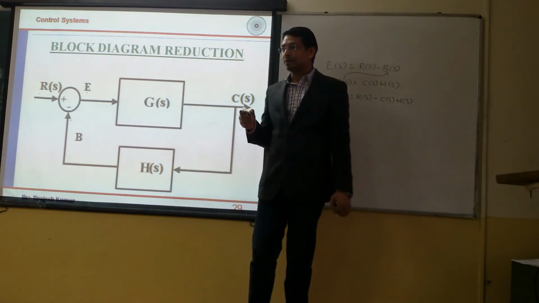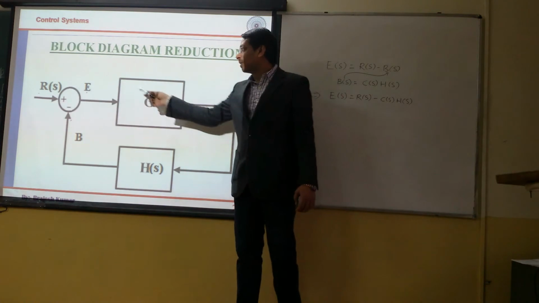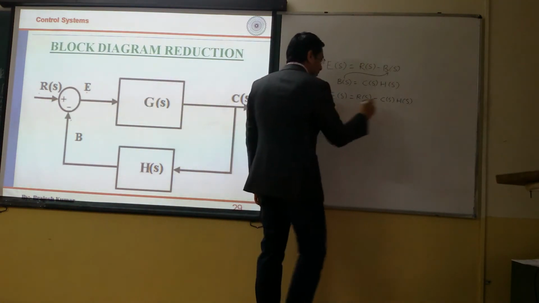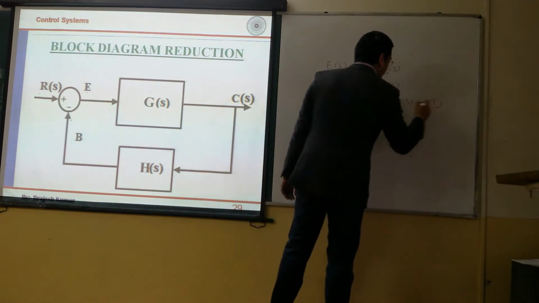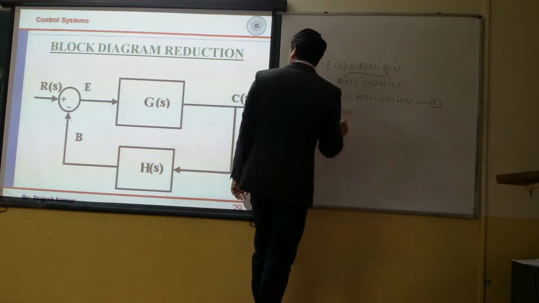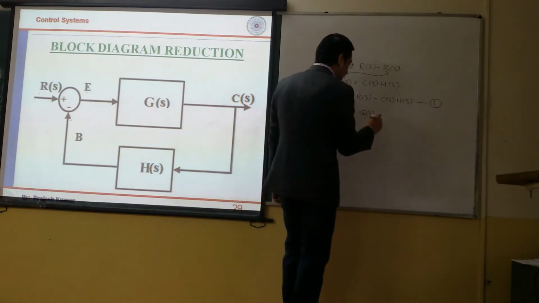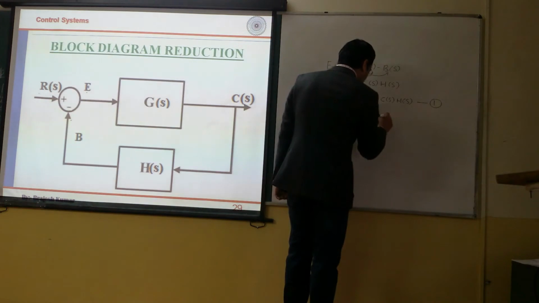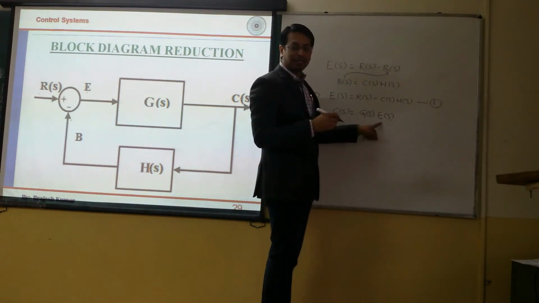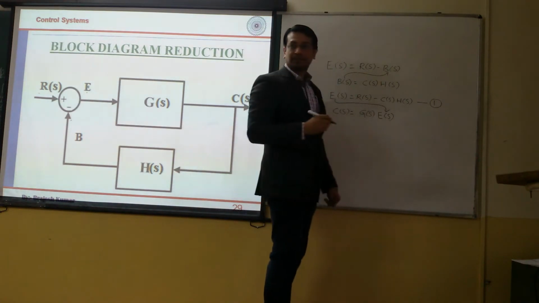C(s) itself will be equal to G(s) multiplied by E(s). So we are going to call this equation 1. C(s) will be equal to G(s) multiplied by E(s).